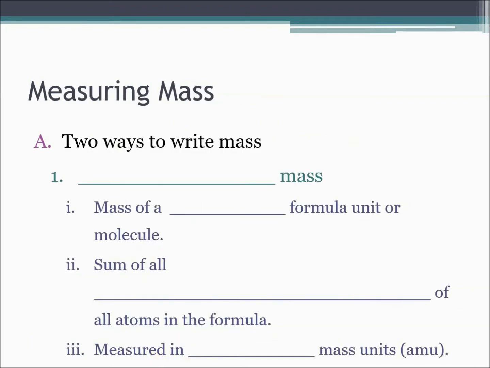We're going to be talking a lot about the masses of different compounds, different formula units, different molecules. When you do this, there are two different ways to write mass. There is the formula mass, which we learned about earlier this year. That is the mass of a single formula unit or a single molecule. To find this, you add up all of the atomic masses of all of the atoms in the formula.